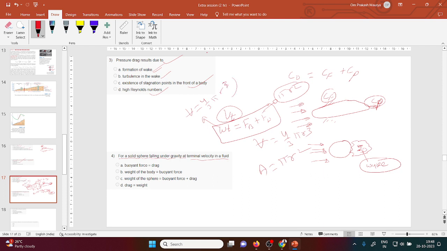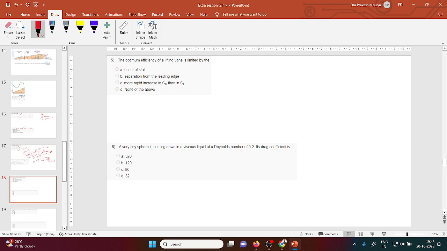So option number C is correct. Now the optimum efficiency of a lifting vane is limited by what?